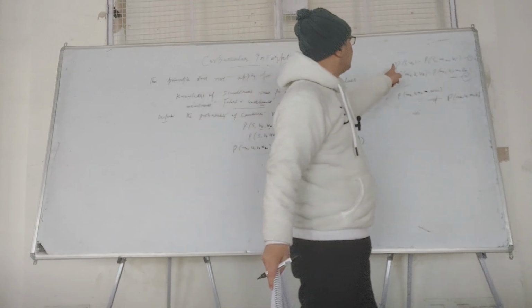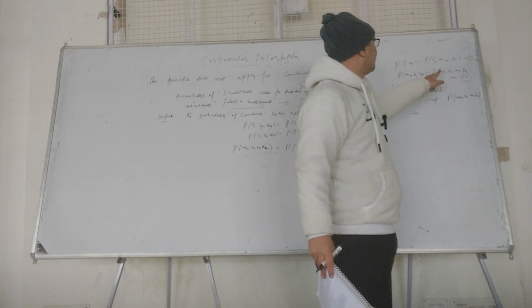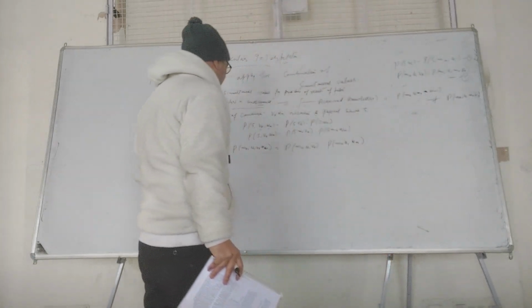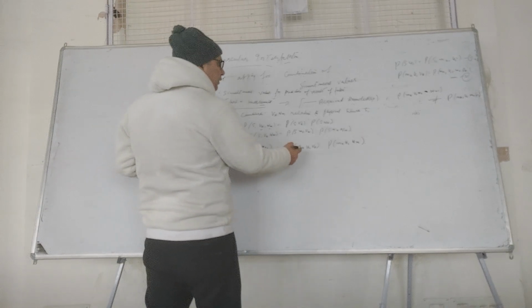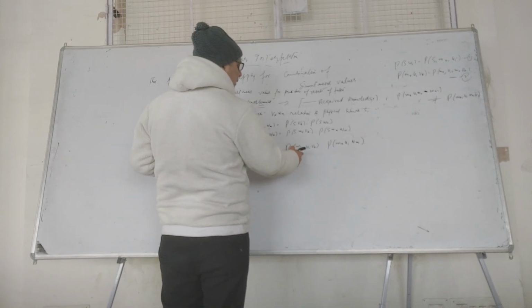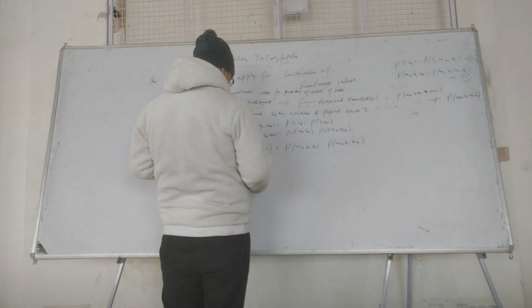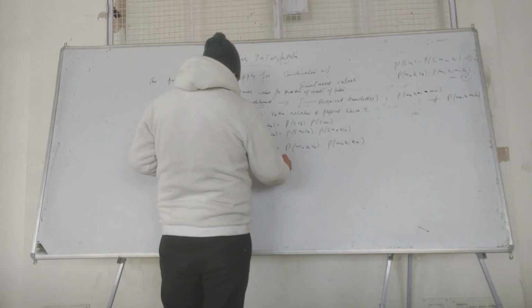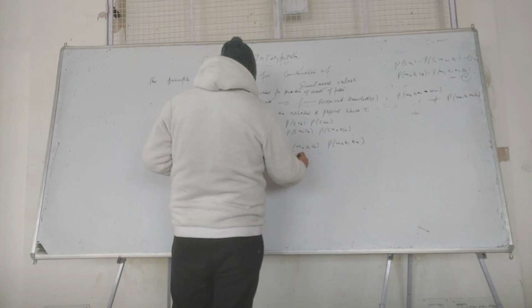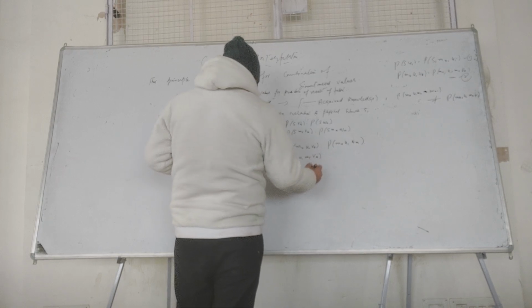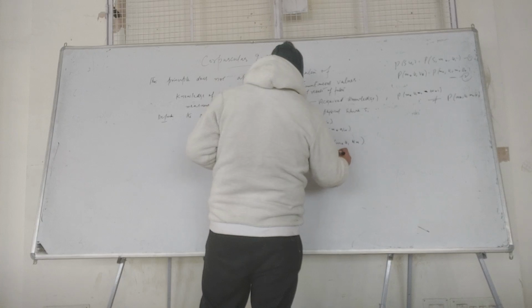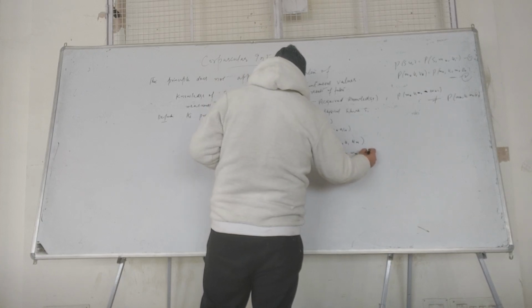This is for one measurement, and this is for two measurements. You can write it this way. Or here you can have the probability of mu, ui, mv, vk, times the probability of mu, ui, mw, wm.